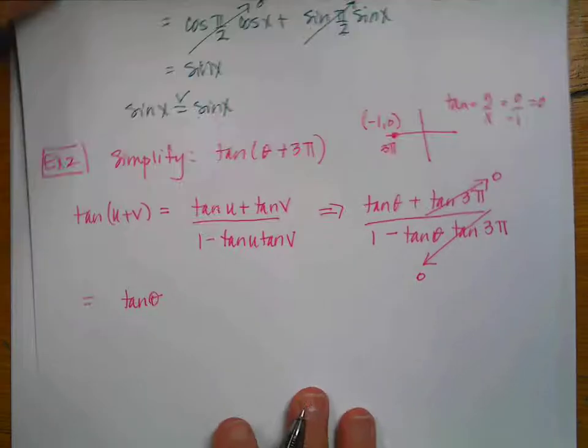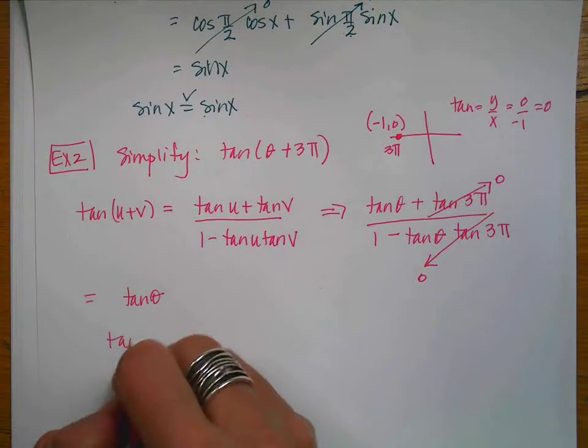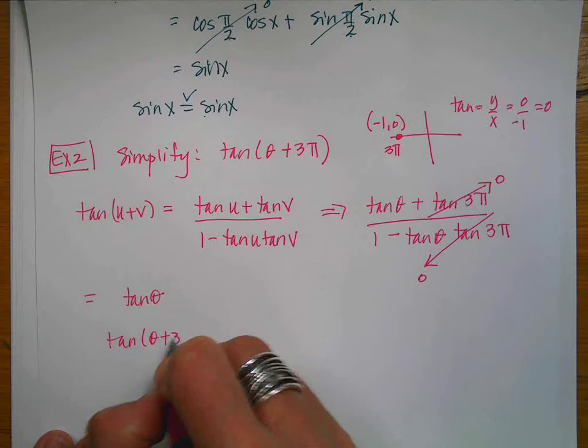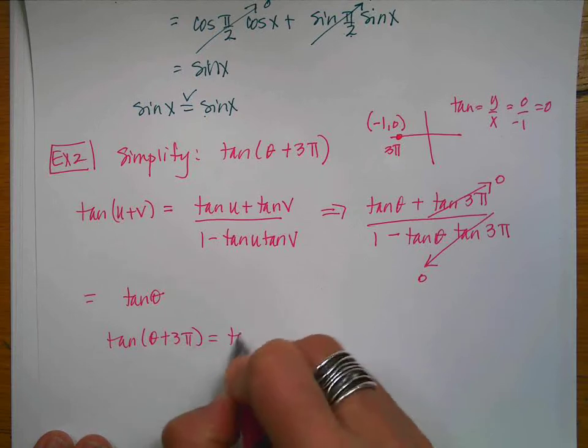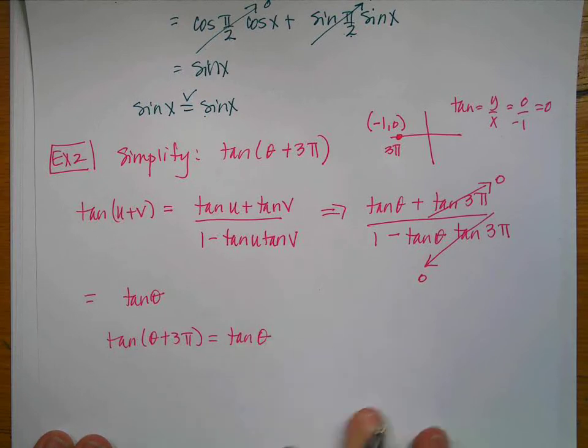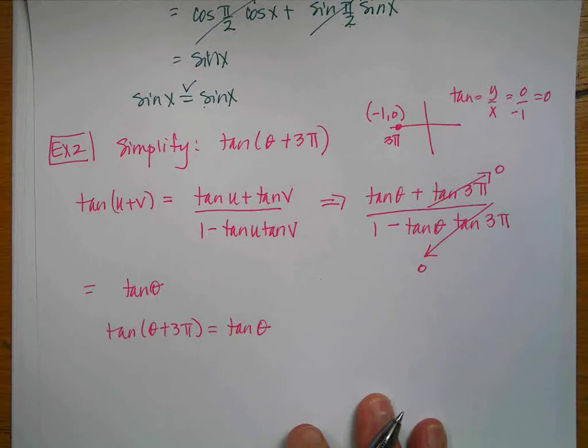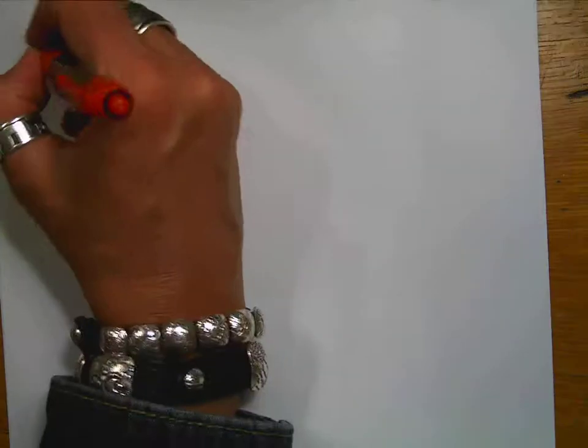So then if I simplify and write my answer, I would write the tangent of theta plus 3 pi is equal to the tangent of theta. And there's other ways to think about that problem, but for right now, that's what we're going to use as our method.